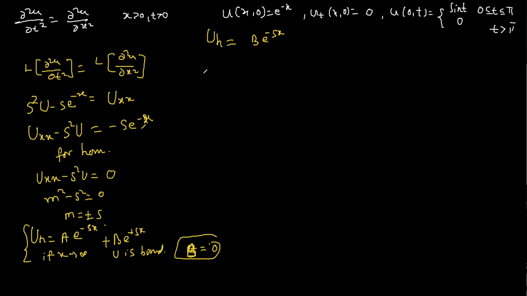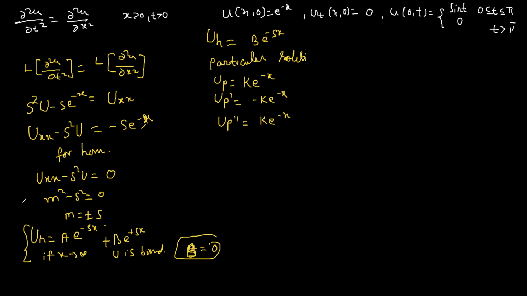Right? Now we find what? Particular solution. What is particular solution? For particular solution, always check what is right hand side. What is right hand side? Kex. When you do first time, you will get minus ke minus x. Understood? Okay.